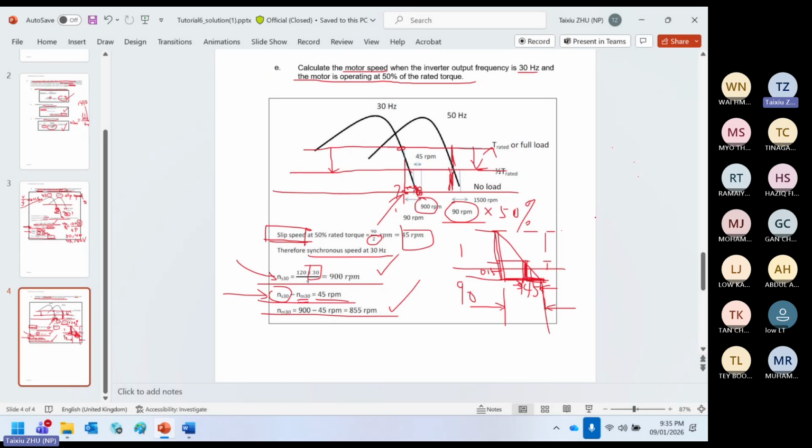Okay, that's all for this one. No worries if you're still not completely sure about this part. You can bring your questions to the tutorial lesson next Wednesday. I need to check whether it's tutorial or practical. Next Wednesday, the 14th, tutorial.